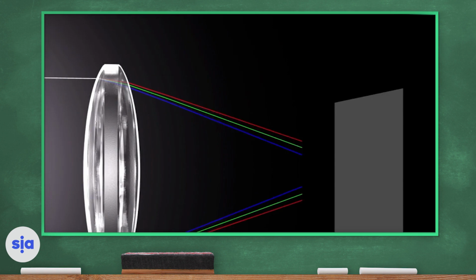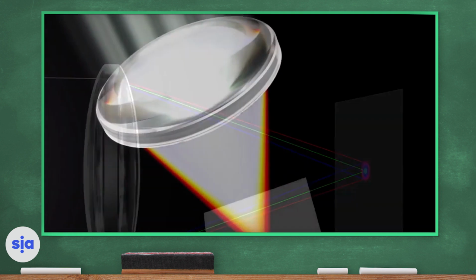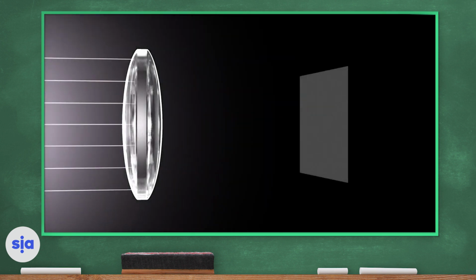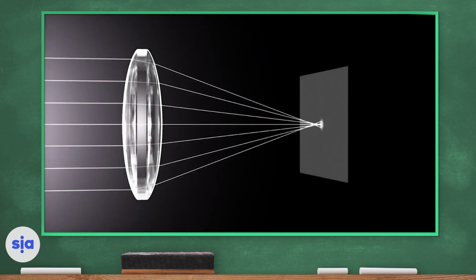When light passes through a convex lens, the focal point for red light, which has a long wavelength, is farther away from the lens than the focal point for blue light, which has a short wavelength. This causes colors to shift. As a result, colors appear to bleed. Making light converge neatly to a single point requires technology.